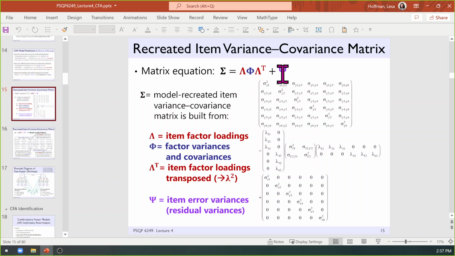And then psi, which is one of the few Greek letters I know because this was the emblem for Psyche, is used to represent the matrix of error variances. So the pieces then look like this. This is the prediction that we get from the loadings multiplied by the factor variances and covariances. Then the loadings transposed so that everything is the right size, and then we add in the e's here.